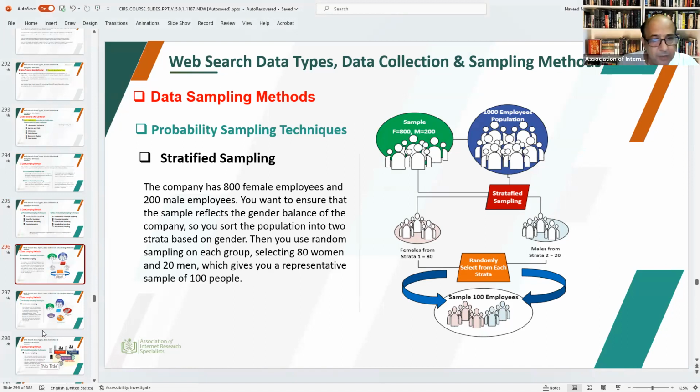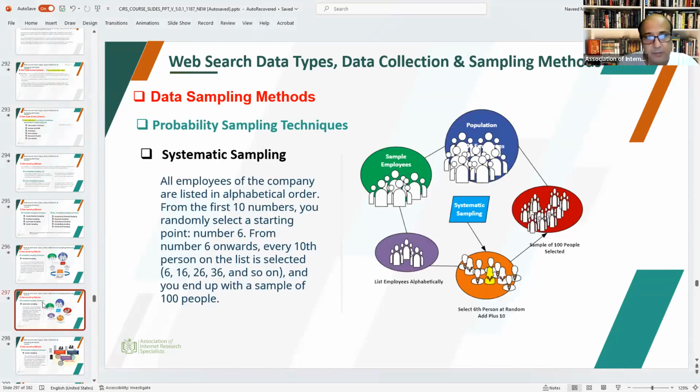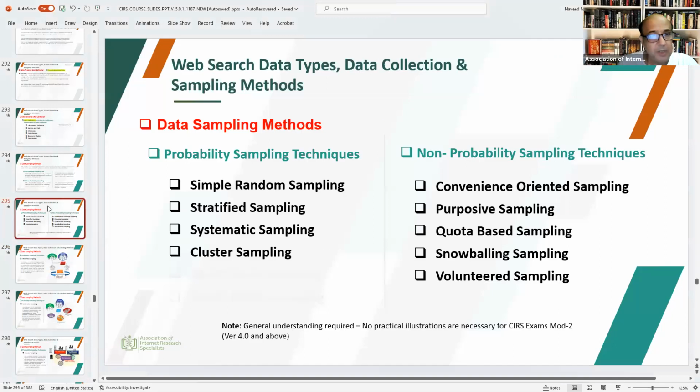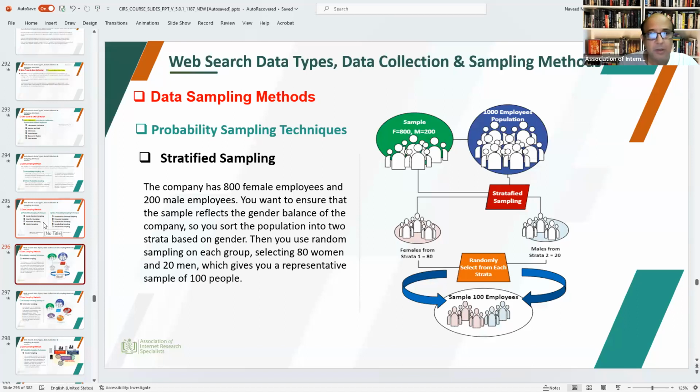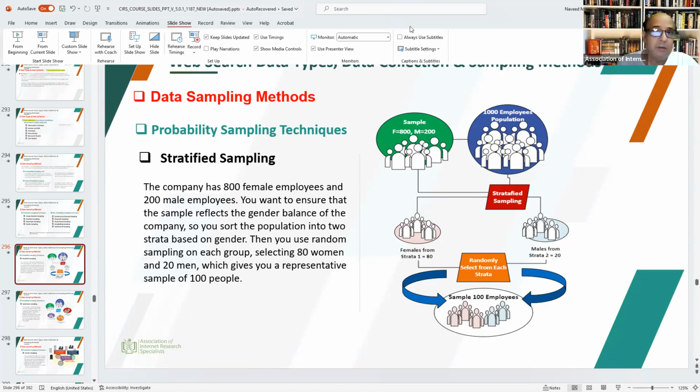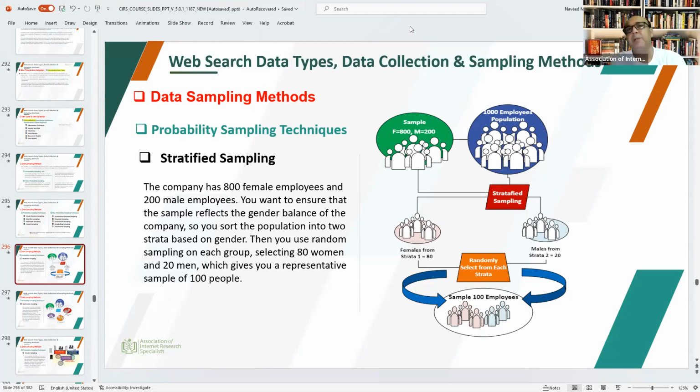Okay, stratified sampling, systematic sampling. So that was simple random. Now I'm going to talk about stratified sampling. You know, these sampling techniques sometimes become very complex, and you have to justify your samples by identifying them with the techniques that you have used to do that randomization or to find that sample.